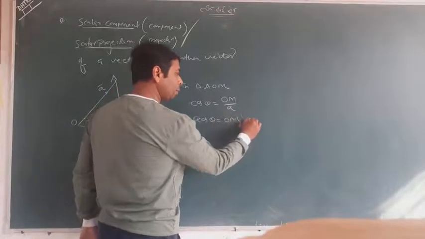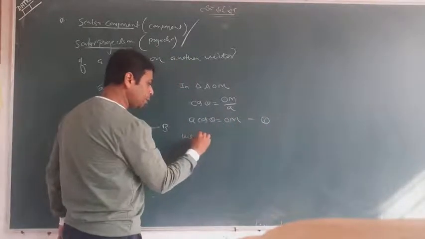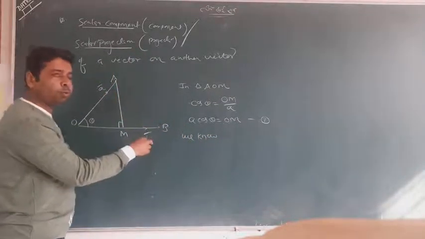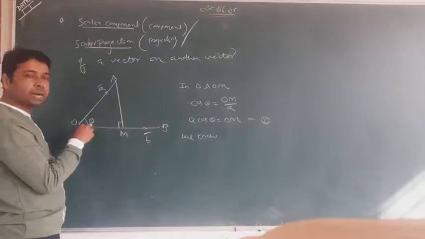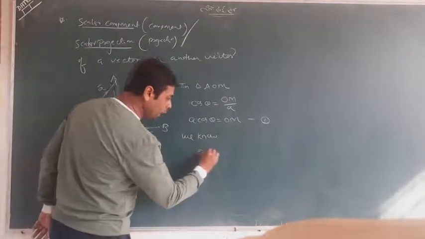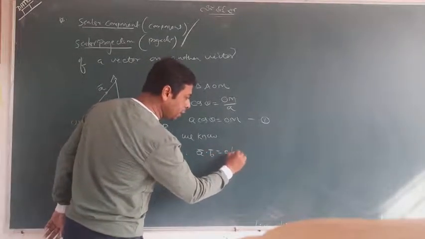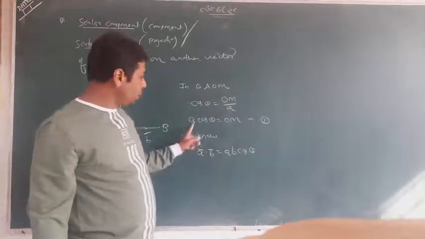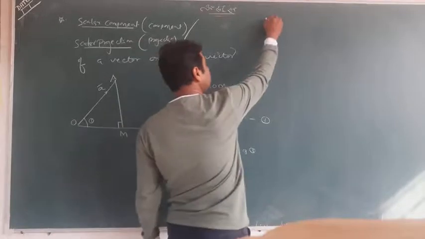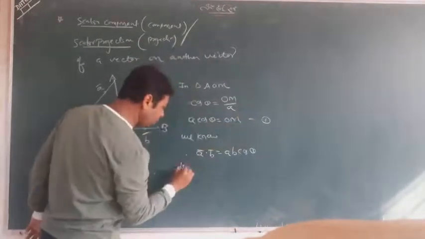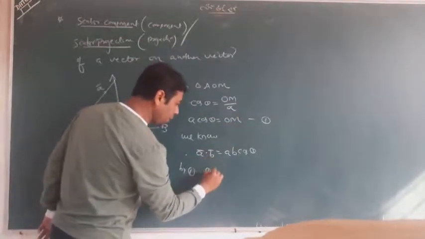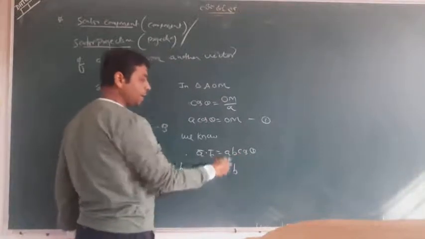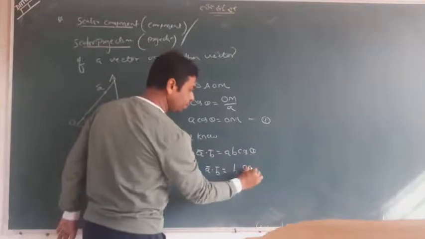We know that A and B are two vectors, between them we have angle theta. So we know A dot B is equal to AB cos theta, which you know. So can you place A cos theta here? By 1, let me write here, A dot B is equal to B, leave it the same, times A cos theta, which is equal to OM.